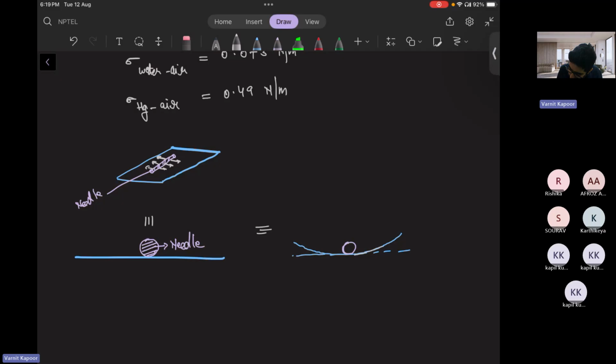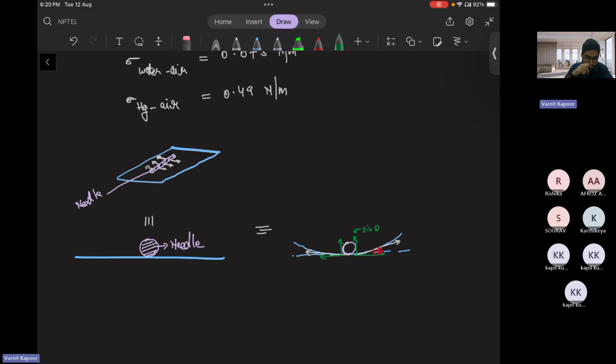So this is your surface tension value at the interface. There will be two components: one is the vertical component of the surface tension force, and one is the horizontal component. If this angle is theta, then the vertical component will be sigma sine theta.